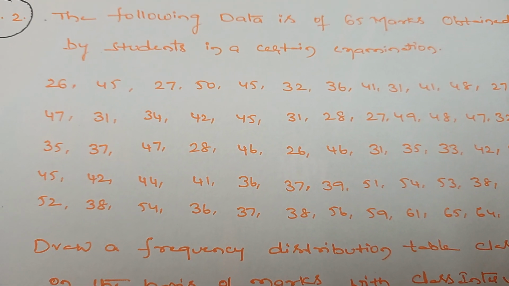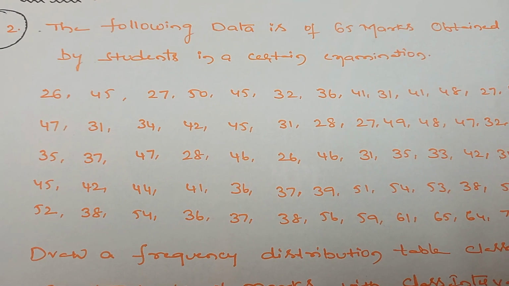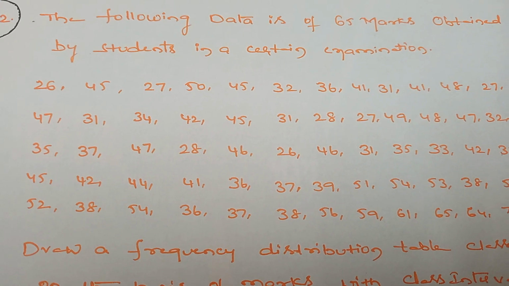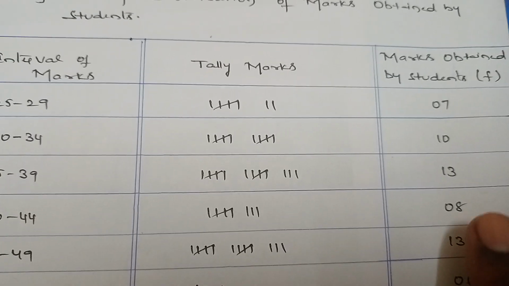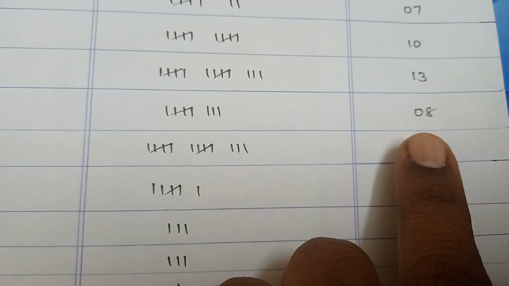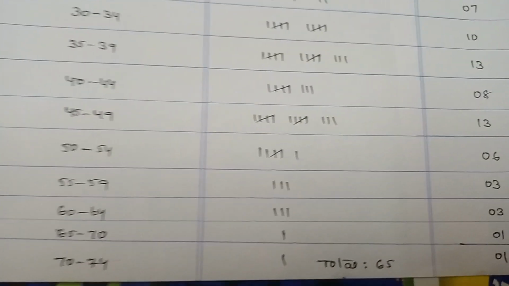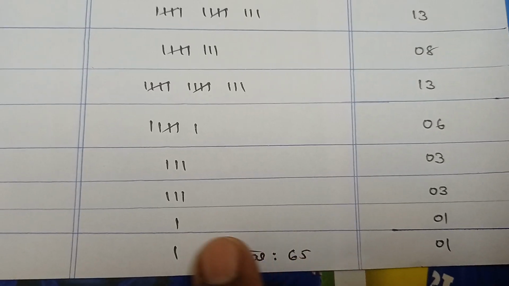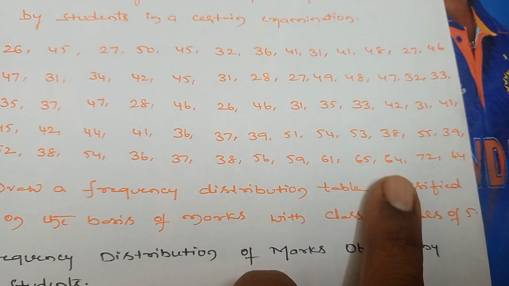I mentioned that here. In 40 to 44 we got 8. Similarly, we have to find up to 70 to 74. In 70 to 74 we have only one member, that is 72. I have mentioned that here. Okay, one.